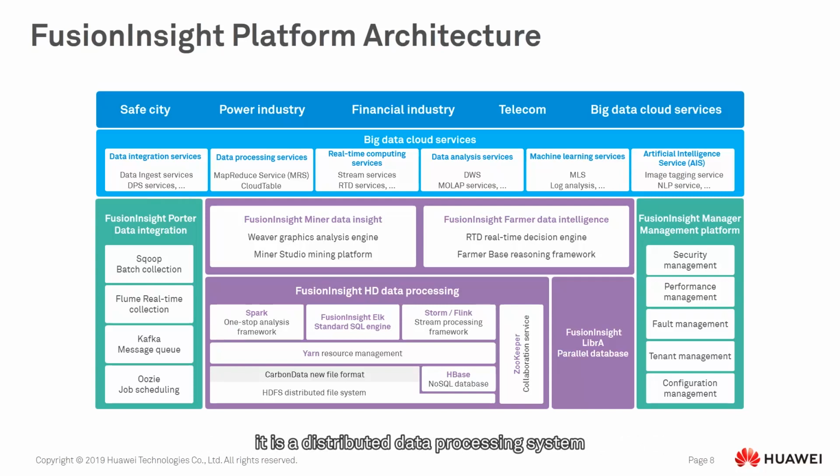It's a distributed data processing system and provides large capacity data storage, query analysis, and real-time stream data processing and analysis capabilities. It includes the following components: HDFS, HBase, Yarn, Zookeeper, Hive, MapReduce, Spark, Storm, and Flink.